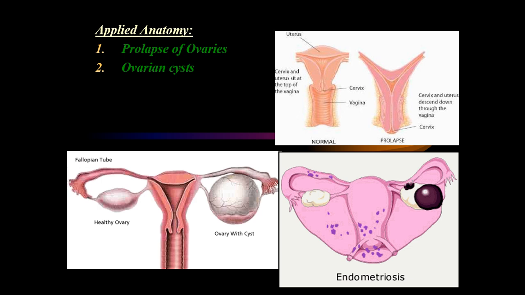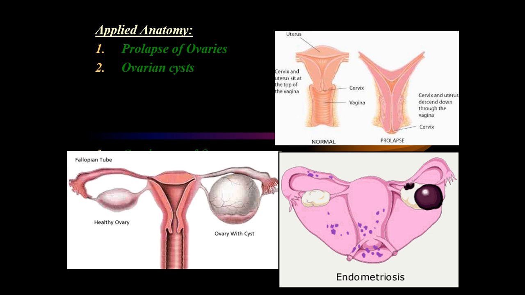At a particular stage, instead of further development, there might be huge accumulation of fluid within that, and that might lead to a very large cyst, which will look just like a pregnant lady's abdomen because of the so much protruding of the cyst. This is called the ovarian cyst. In this picture you can see the ovary with the cyst, or ovarian cyst.